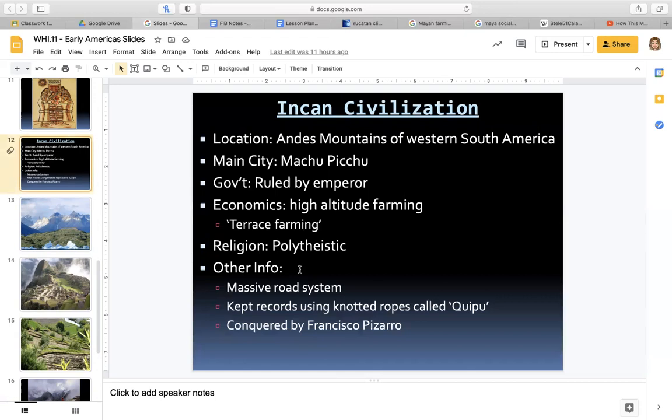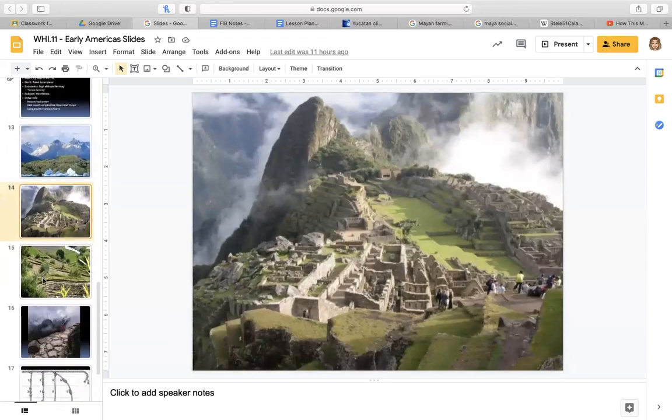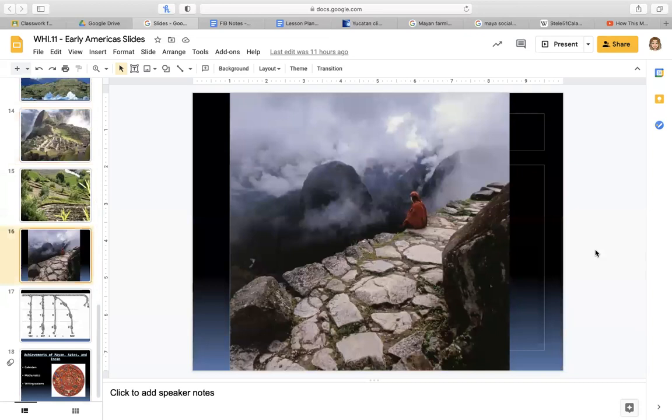Like I talked about, the Inca created one of the history's greatest road networks. At its greatest extent, it was about 14,000 miles through mountains and deserts. So, oh, this is farming. Let's see. This is maybe one of their roads in the mountains.